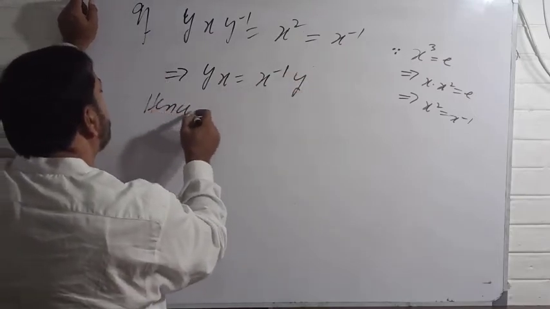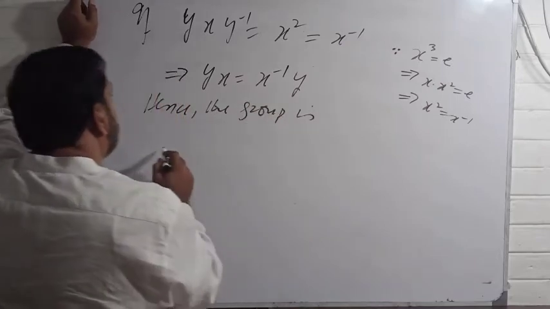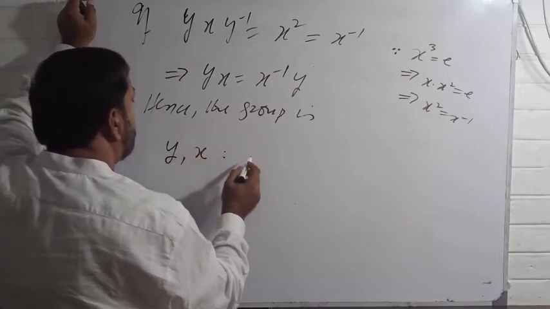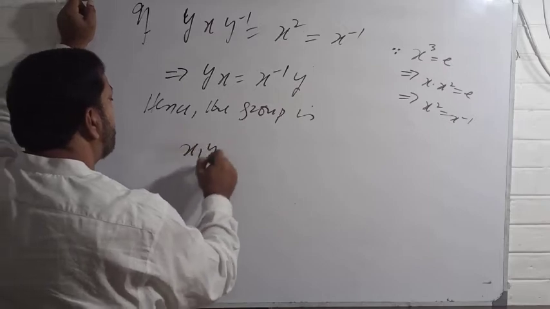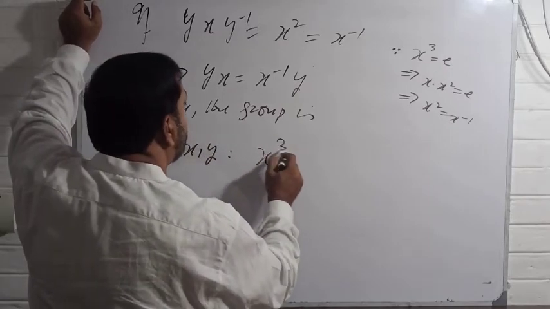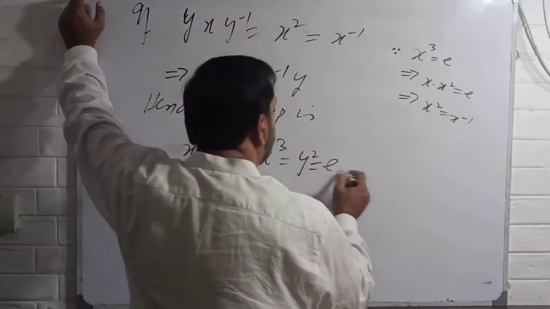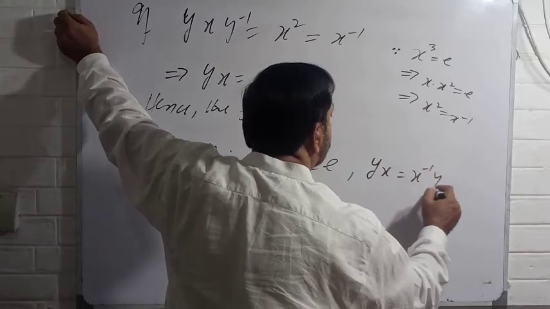group is G = ⟨x, y | x^3 = y^2 = E, yx = x^-1 y⟩.